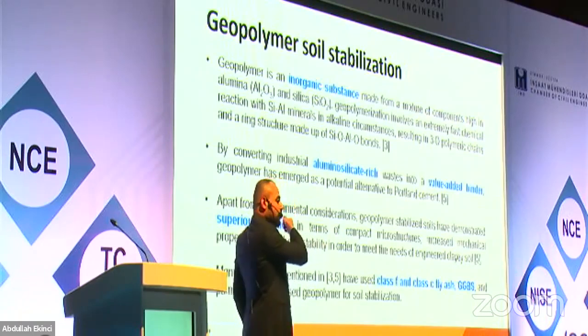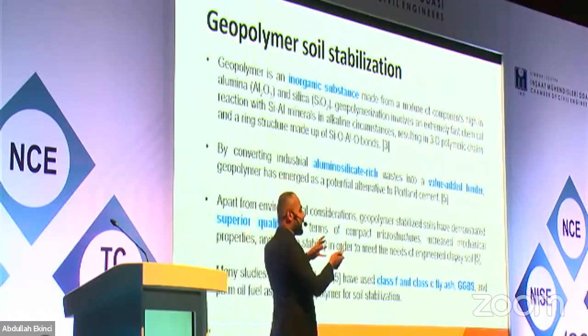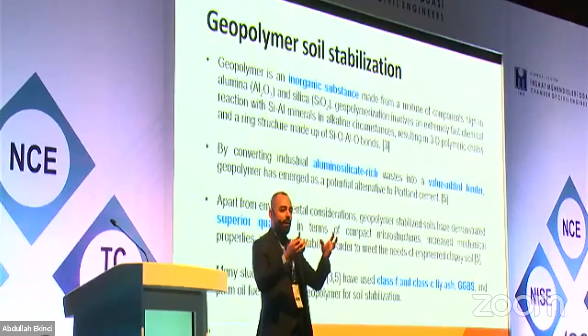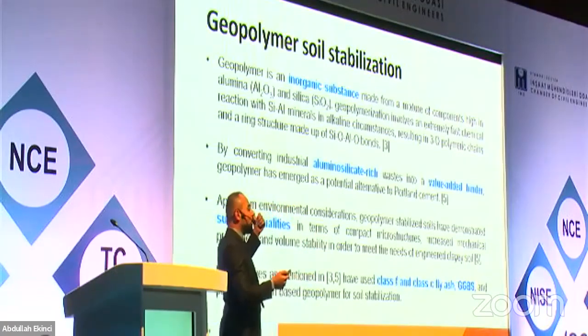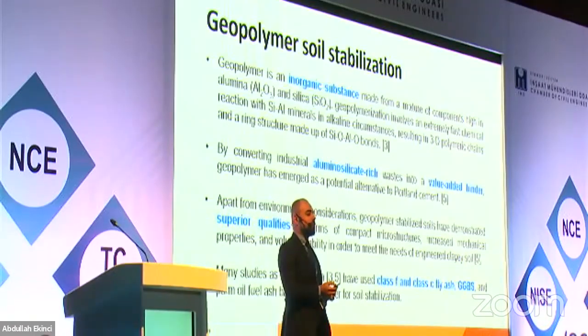Now, geopolymer is considered an inorganic material which comes from the reaction of aluminum and silica, which are available in soil, in an alkali medium. So there is a requirement for an alkali medium in order for this process to happen, which is also considered to be somehow a naturally occurring process.